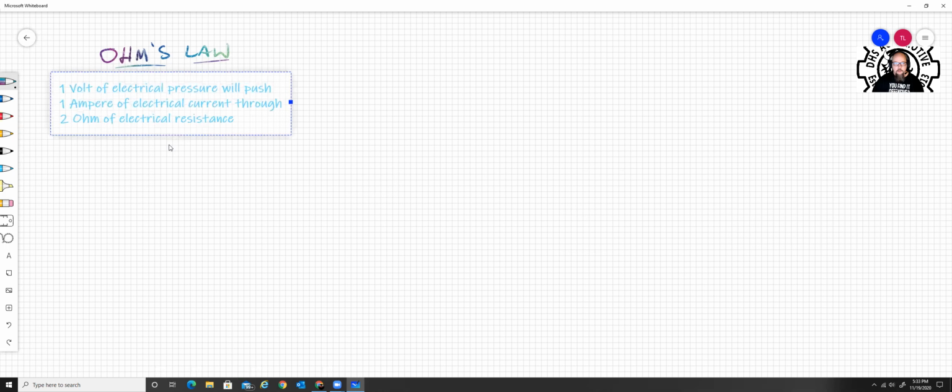At its most basic, this is Ohm's Law. Now let's go over this.